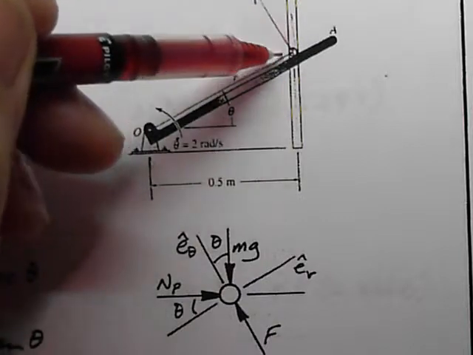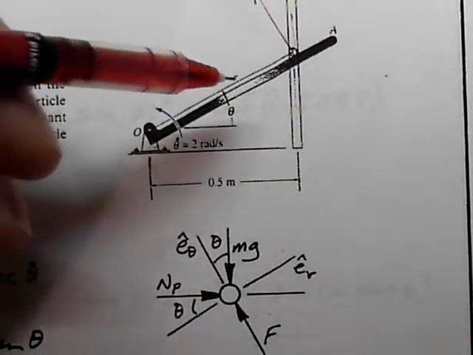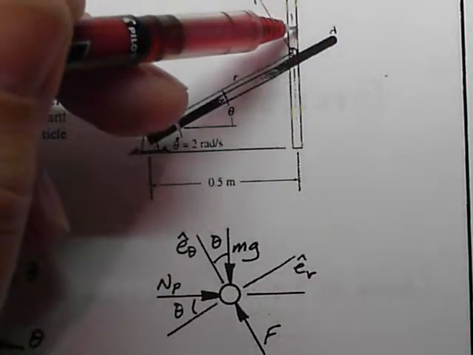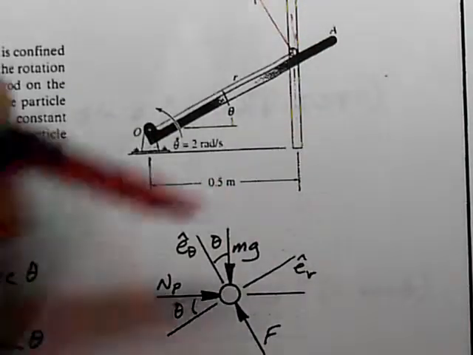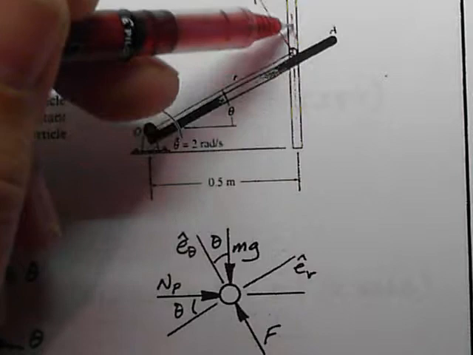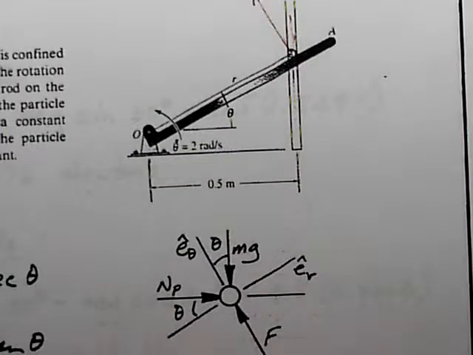The normal to a straight line is perpendicular to the straight line. Now, when the path is curved, it matters which direction our normal vector goes. When the path is a straight line, it doesn't matter which way we point our normal vector.